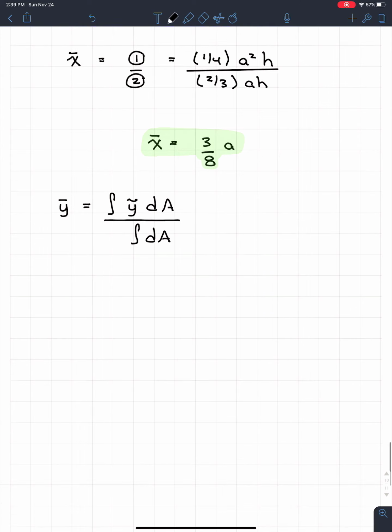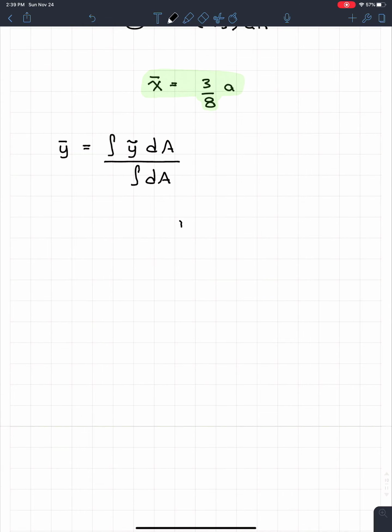The integral of dA we already know, because we already solved for it for our x squiggle. So the integral of dA is equal to 2/3 a times h. So now we just have to find out, and this is equal to 3/2.